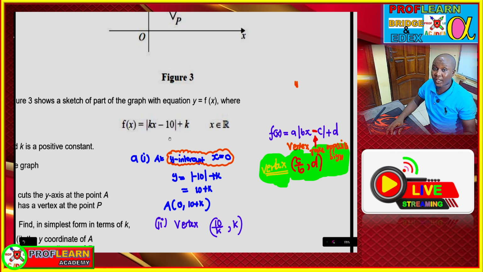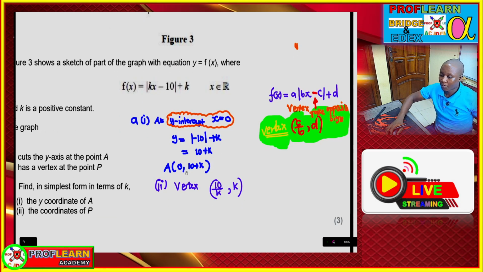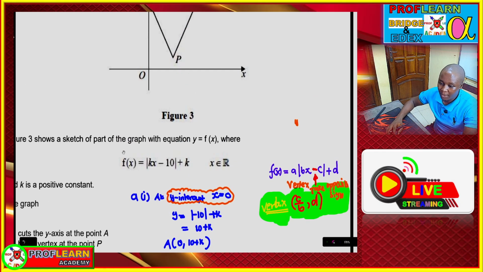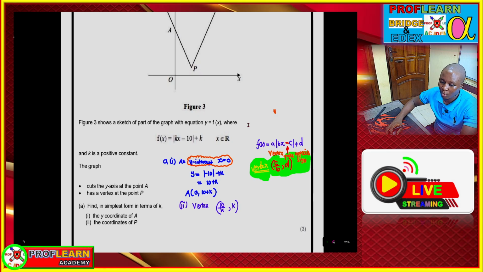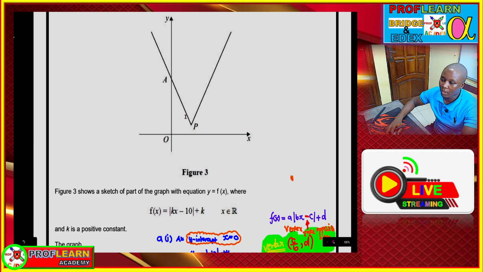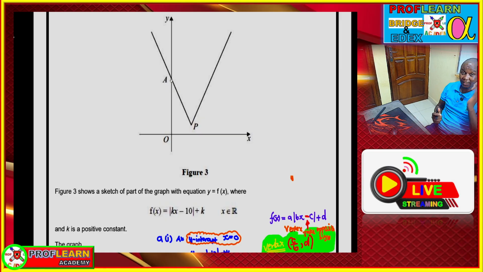And modulus of negative 10 is 10, because modulus means if it's a negative, you take it positive. So that's why you can see we now have 10 plus k, but the x coordinate is going to be 0. Because we are being asked the coordinate of the vertex point and the coordinate of A, whereby the coordinate of A is actually the y-intercept.